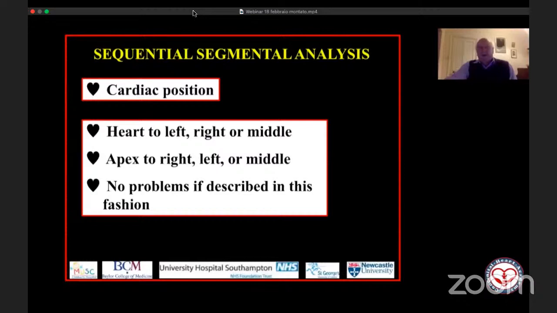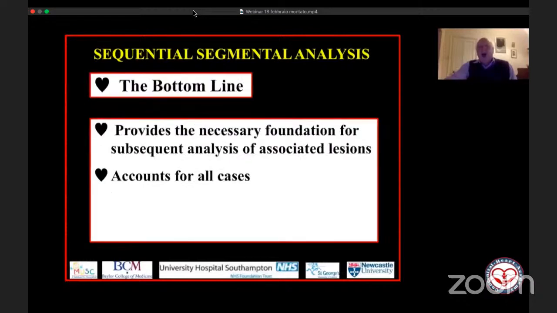So what I've shown you today is half of sequential segmental analysis. To repeat again, what we are trying to achieve with sequential analysis is to lay the foundation for the subsequent analysis of associated lesions.